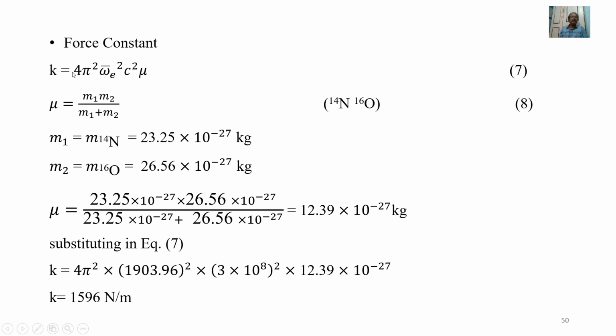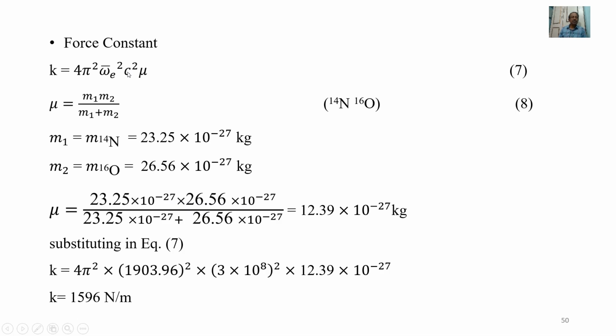Let us calculate now the force constant. Force constant is expressed as 4 pi squared omega e squared c squared mu. We will have to go with the expression for mu, the reduced mass, which is given as m1 m2 divided by m1 plus m2, where m1 is the mass of nitrogen 14 and m2 is the mass of O16, given by these values. Substituting these values, we know the reduced mass as 12.39 times 10 power minus 27 kg.